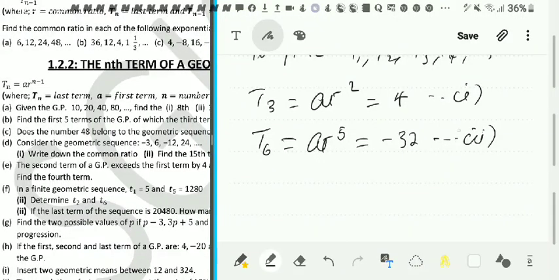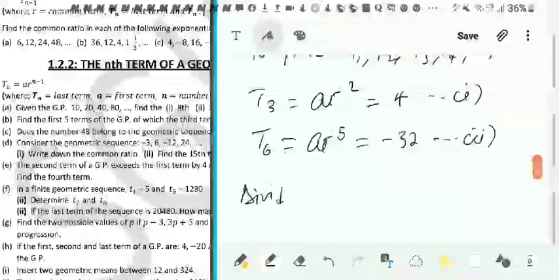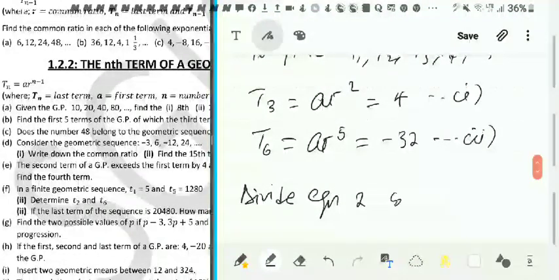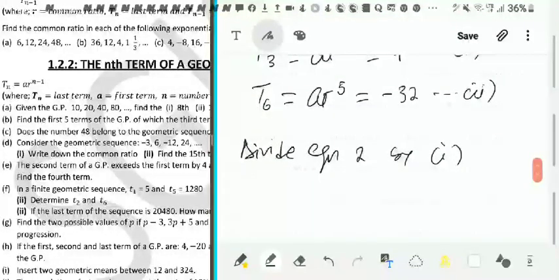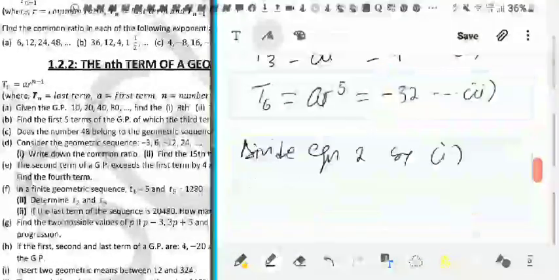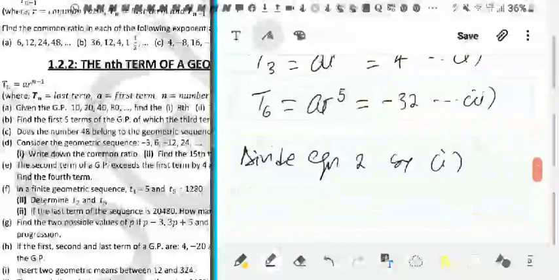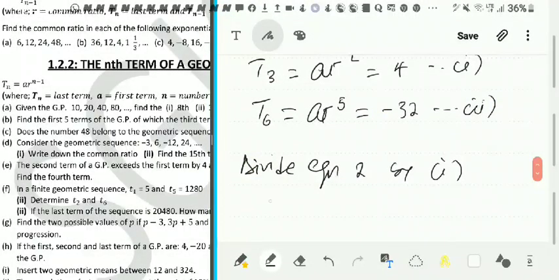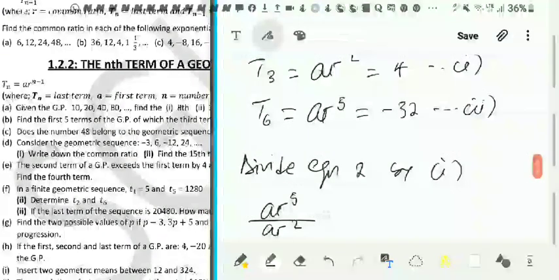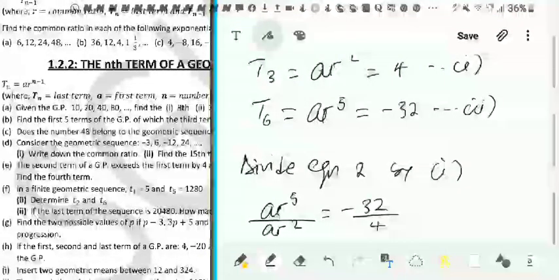So I'm going to divide equation 2 by equation 1, so that A can cancel out A here, and I'll be left with only R. Then I can solve for R. So I will have AR^5 divided by AR^2 equals negative 32 divided by 4.